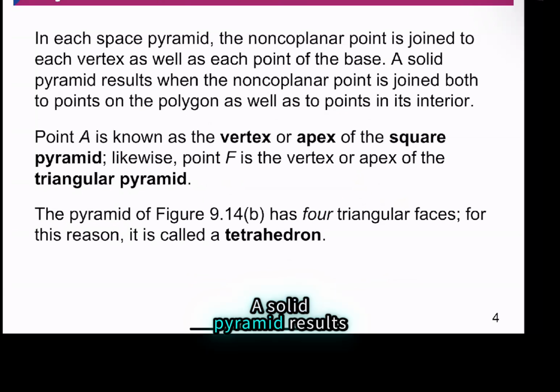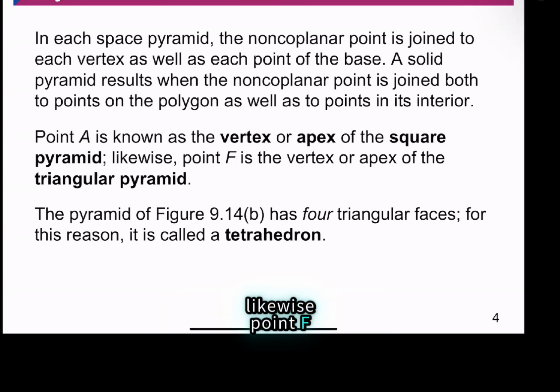A solid pyramid results when a non-coplanar point is joined both to points on the polygon as well as to points in its interior. Point A is known as the vertex or apex of the square pyramid.